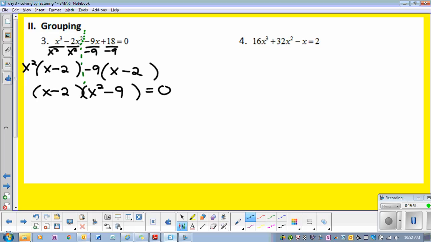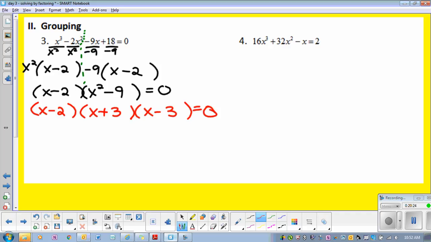Something else can be factored here. x squared minus 9 is a difference of squares. So we get x plus 3, x minus 3. And don't forget to bring down x minus 2.